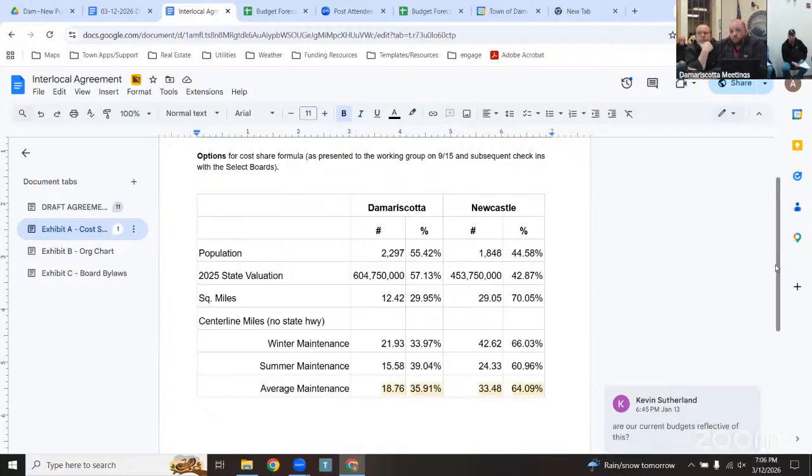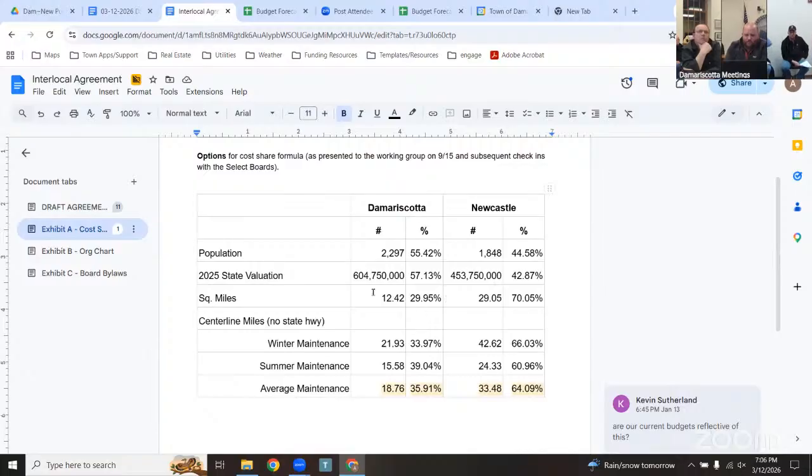The agreement is structured there, but the cost share is the decision of the select boards. That's policy, which is fine. Or it refers to a cost share policy that is reviewed every 3 years or 5 years, or not, set once and done. I don't know, those are some of the things I'm thinking about.